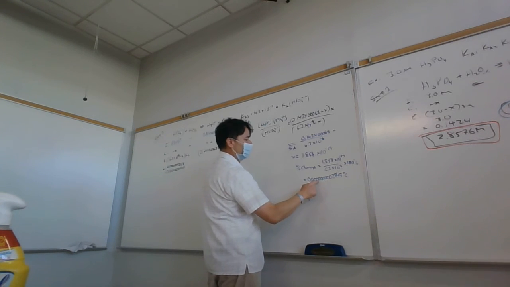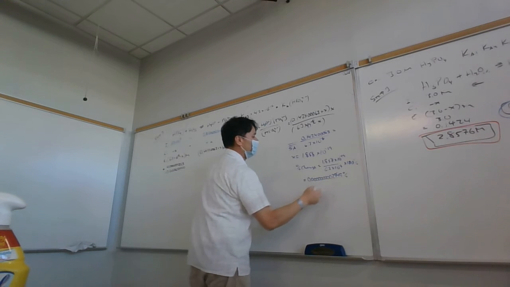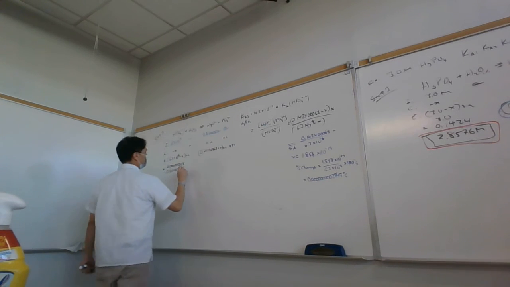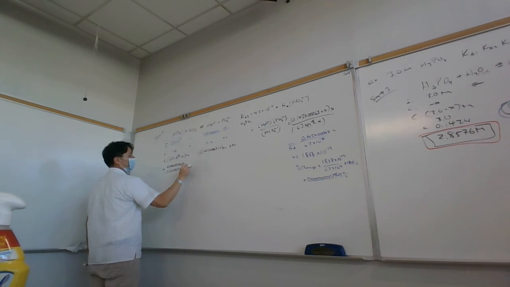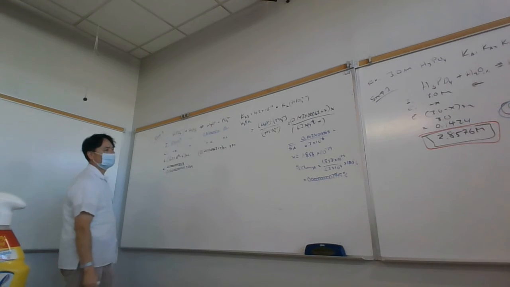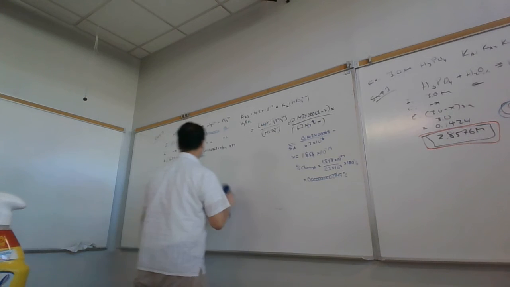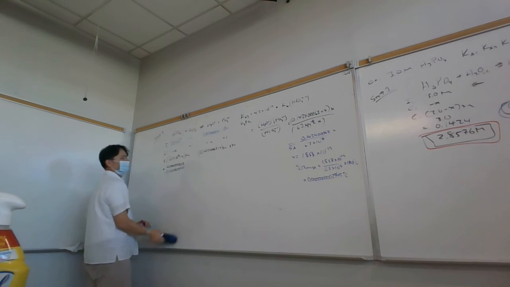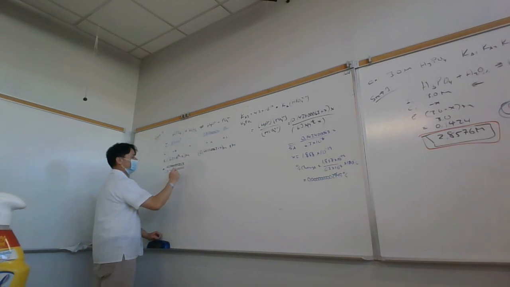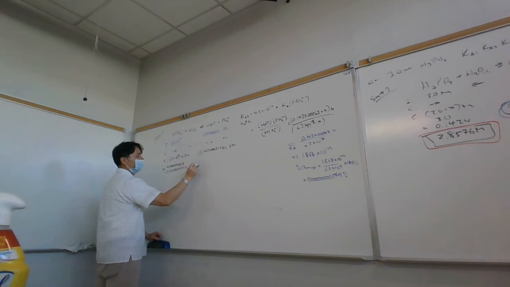Actually, no. What am I doing? This is wrong. 18 zeros: 3, 6, 9, 12, 15, 18 zeros, and then 1858.